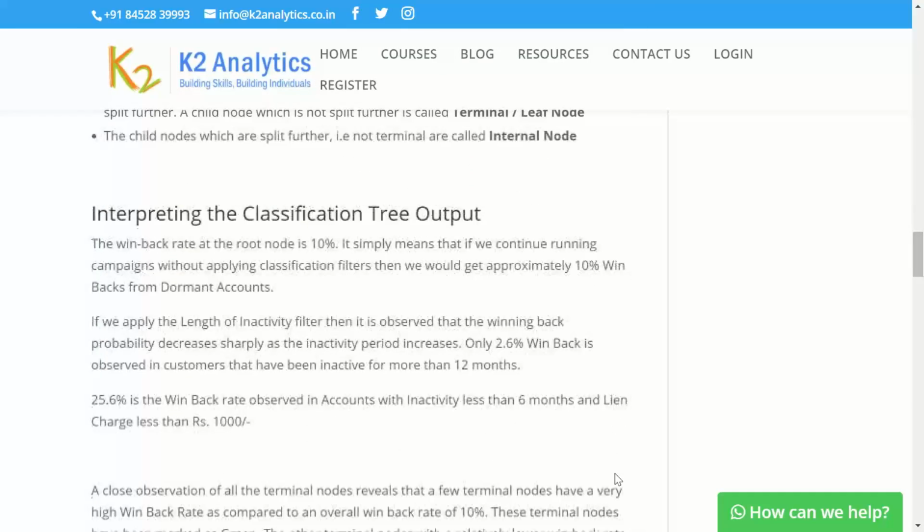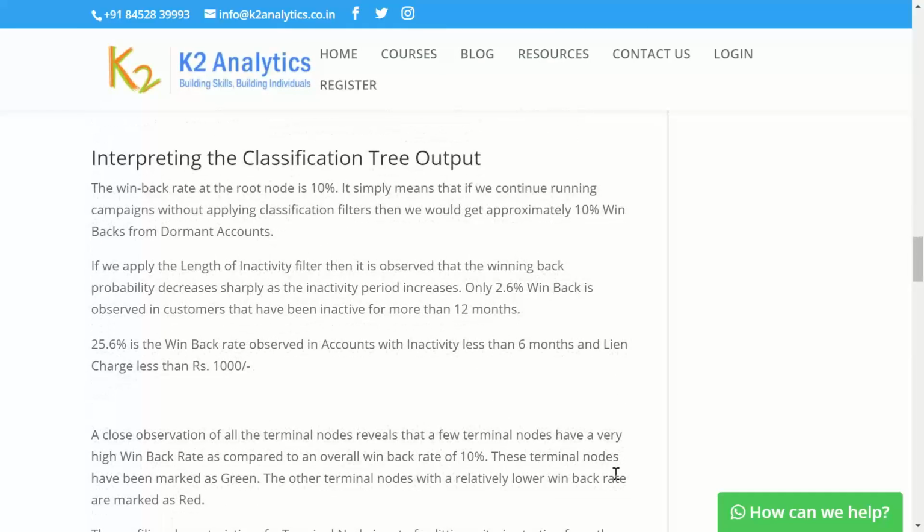Let us now see the interpretation of the entire output. The win back rate at the root node is 10%.